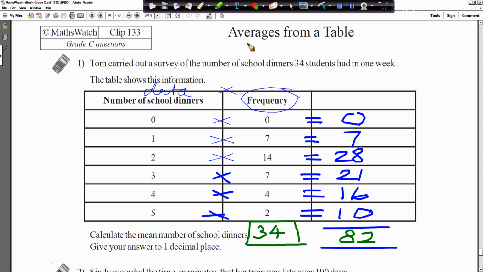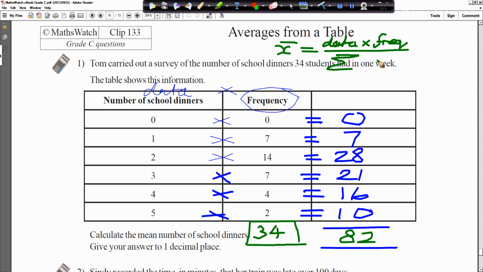Okay. If you want to work out the mean, which we call x bar, the mean symbol, we get the data values and multiply them by the frequency, which we've just done, and we divide it by the sum of the frequency.